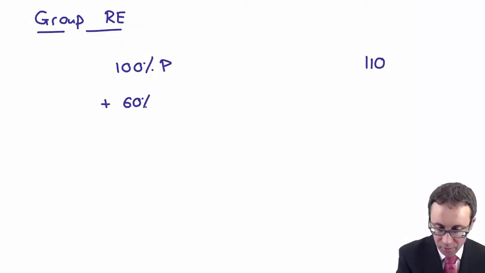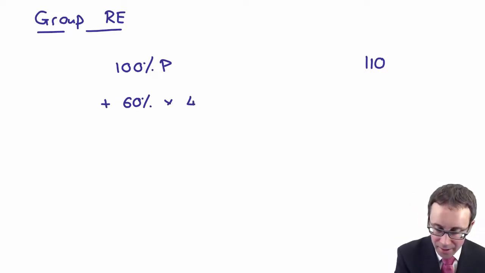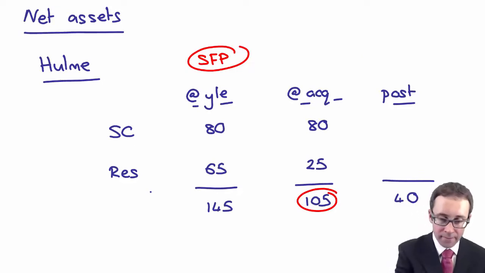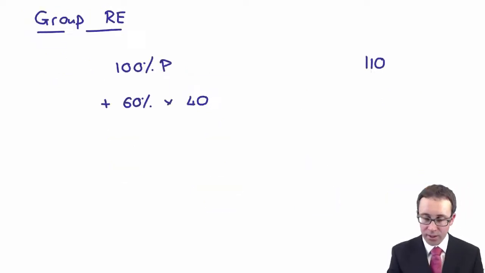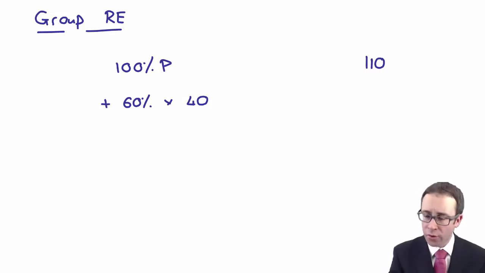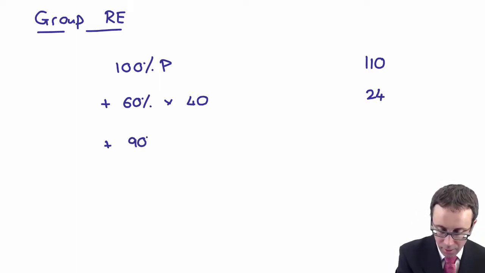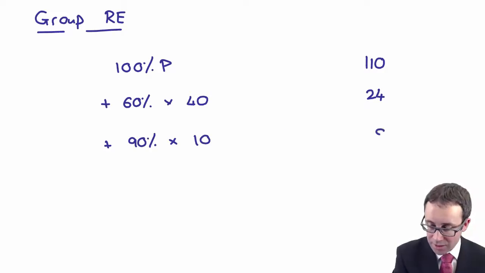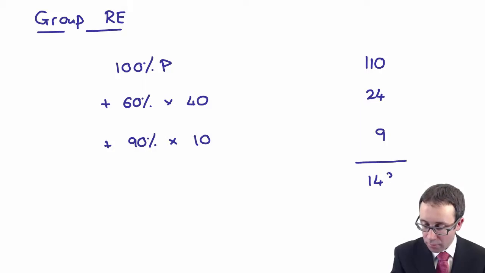Yes, there's been a change in ownership, but it's fractional. It's milliseconds, isn't it, at the end of the year? And the post-acquisition profit of Hume is 40, so go back to your net assets working to find that. 60% of 40 is 24. And then 90% of Jones's was 10. Total that up gives you 143.